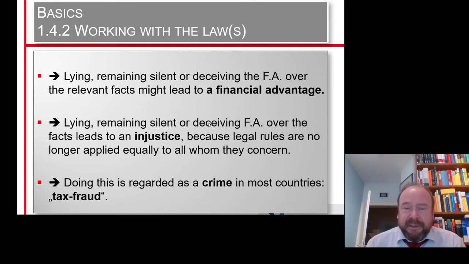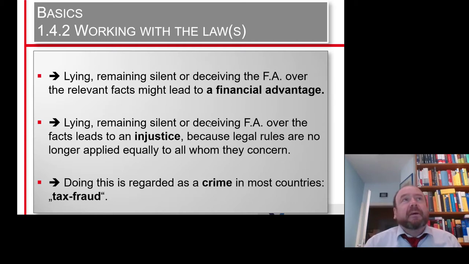So it is highly important to have a look what will be punished. And for example, giving the wrong information is that thing which endangers the correct application of the rules. Lying or hiding information or deceiving the fiscal authorities is usually the point which they do not tolerate.